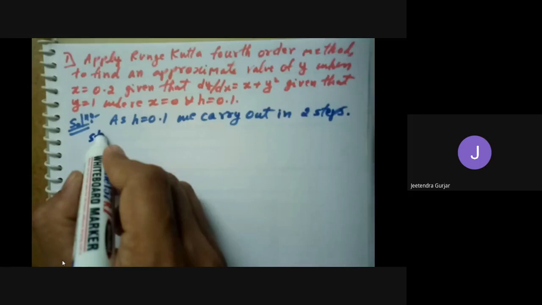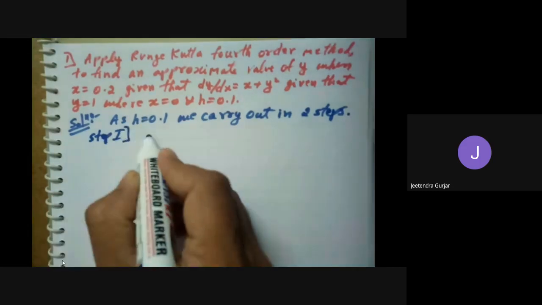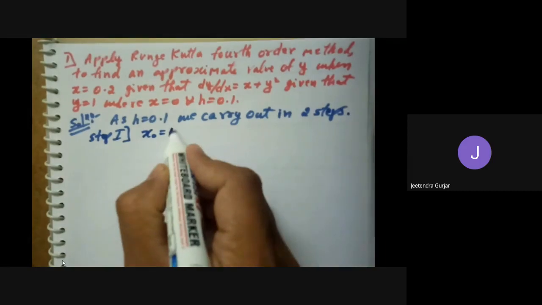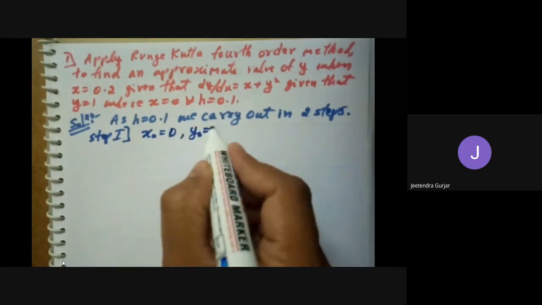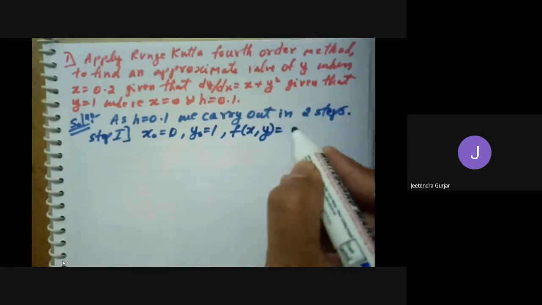Very good. Excellent. Therefore, one we have to calculate by taking x is equal to 0, and another one we have to take x is equal to 0.1 because the step size is 0.1. Very good. So I think you understand how to identify the initial value problem. Therefore, x naught we are going to take as 0 and y naught is equal to 1. So f of x y is what we have, students.